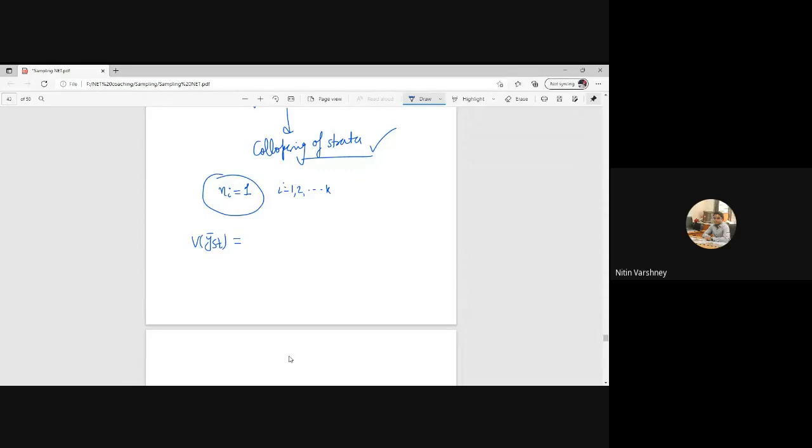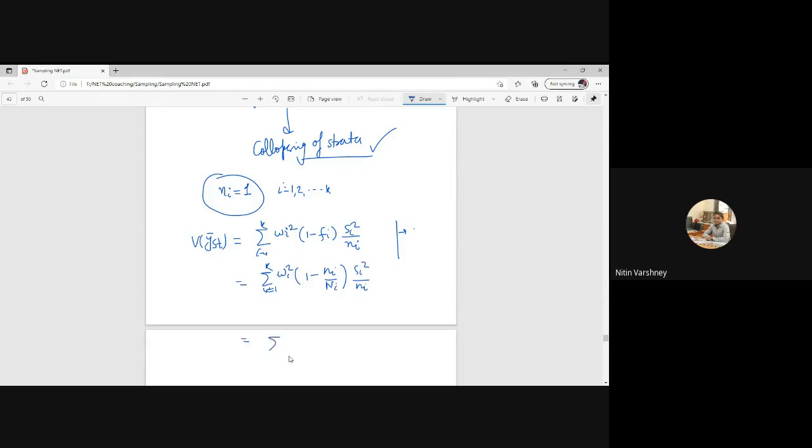The formula of variance is the sum over i equal to 1 to k of Wi square into 1 minus fi, into Si square by ni. Okay, they can ask in any format, optimum allocation, equal allocation, likewise. And then if I write the sum over i equal to 1 to k of Wi square, 1 minus ni upon capital Ni, Si square upon ni, I will put the value of ni equal to 1.